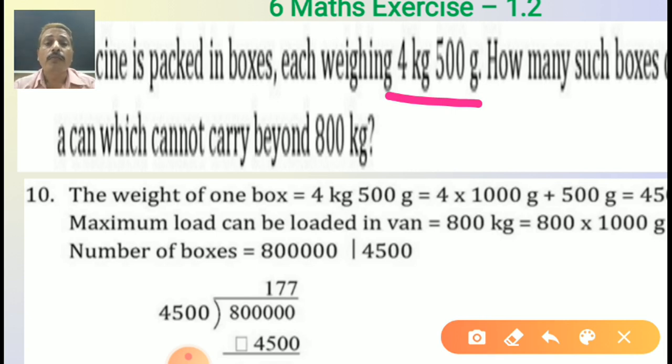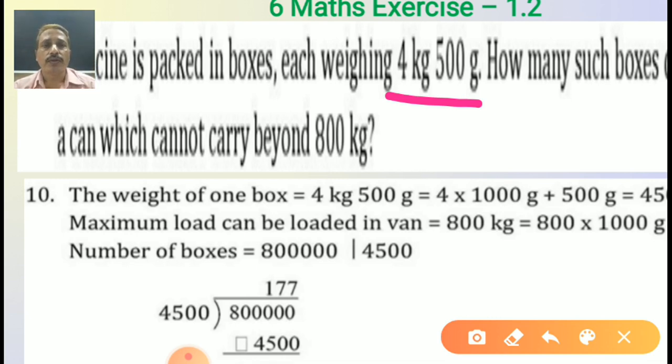Now we are making a number of boxes in the company and sending them to different cities by a van. Van means a vehicle. It may be any one. That van cannot carry more than 800 kilogram. Up to 800 is enough.